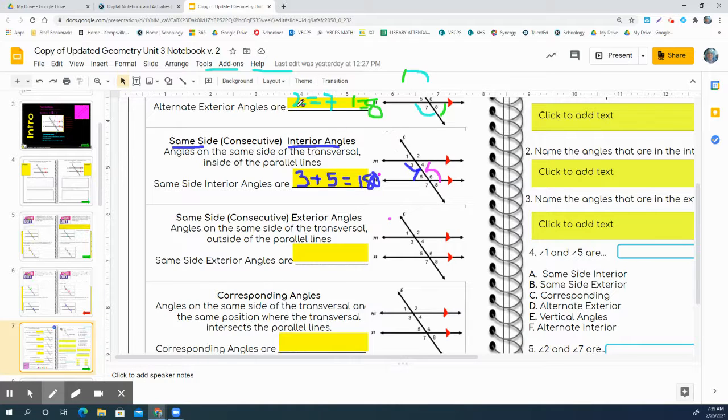Oh, the one above it. 2 equals 7 and 1 equals 8. So 2 equals 7 and 1 equals 8. And over here, we can write 4 plus 6 equals 180.